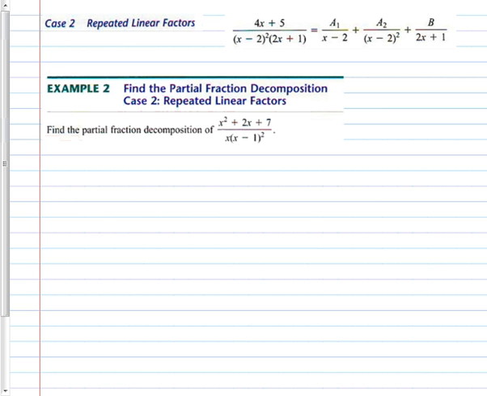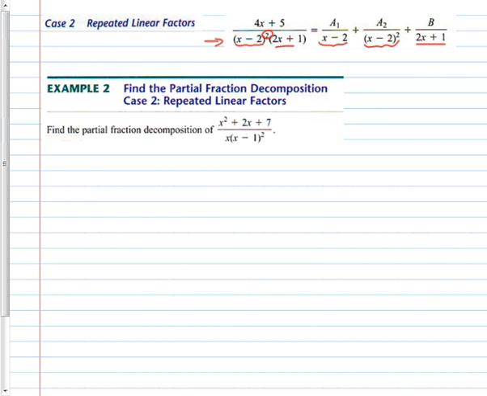What's different here? Well, if you notice here, they have written the denominator factored, but this factor happens to be squared. So that x minus 2, I have to write it one time, x minus 2 to the first, and I don't need the first, and then write it x minus 2 squared. And then I have my 2x plus 1, my 2x plus 1.